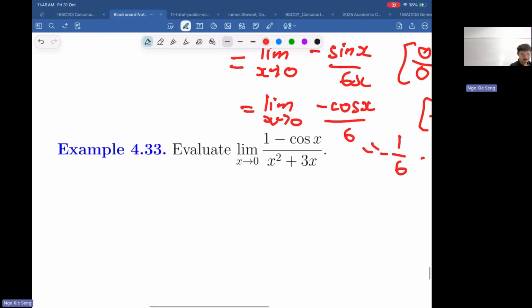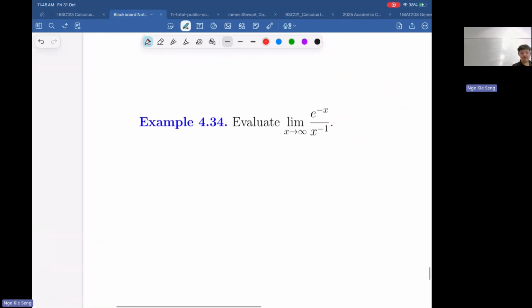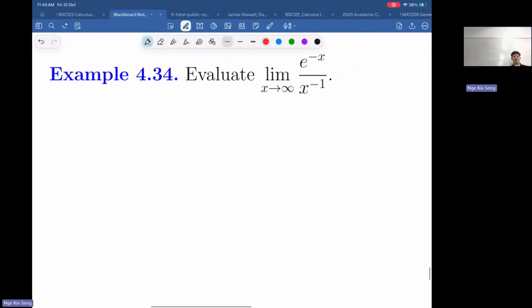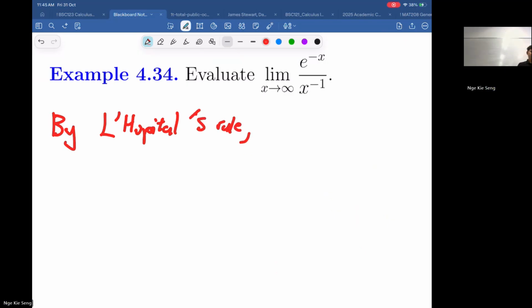Okay, let's try another different intermediate form. How about this one? Let's try L'Hopital on this. Can we use L'Hopital here or not? Is there any intermediate form that's useful here? If x goes to infinity, please don't do substitution on infinity, but try and see what the behavior of these functions is.